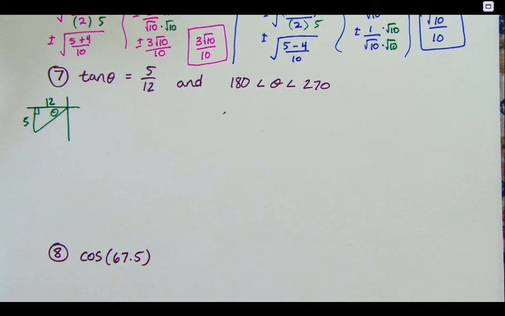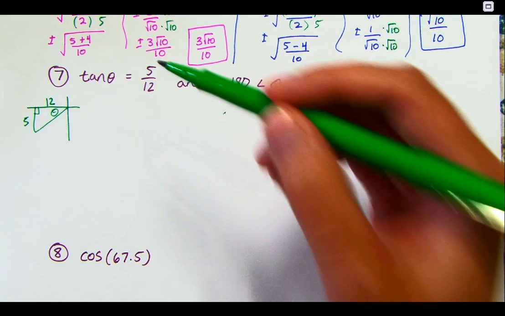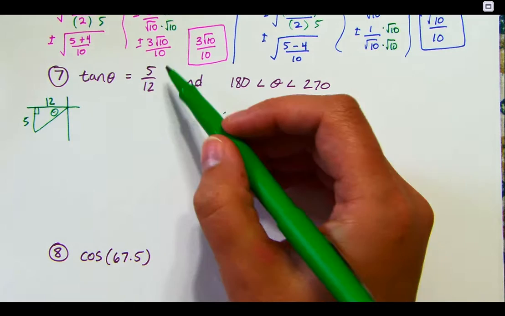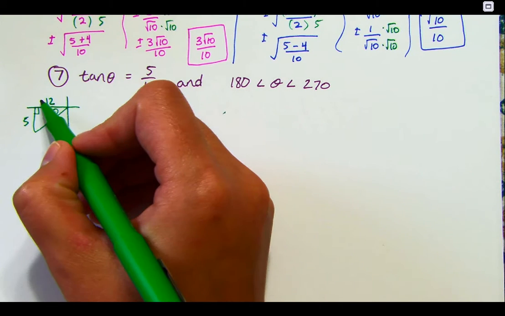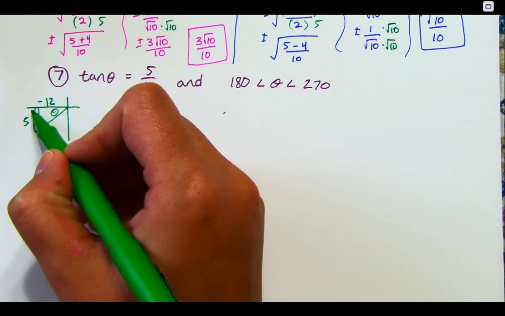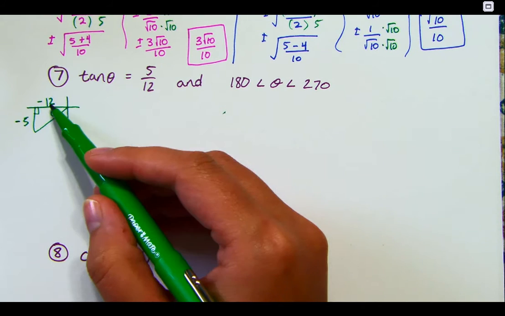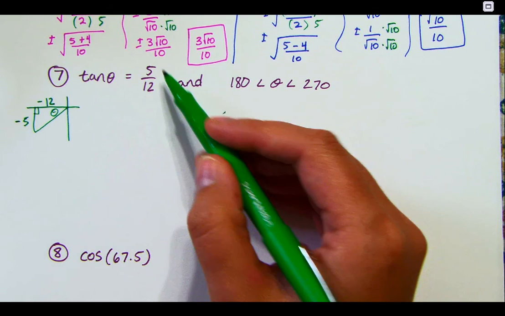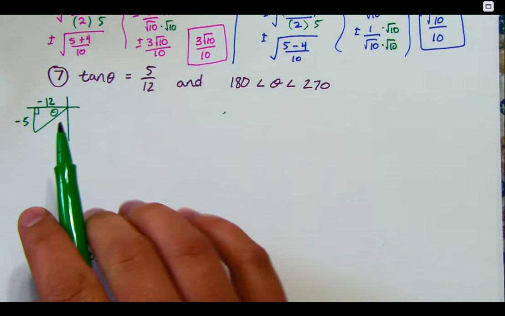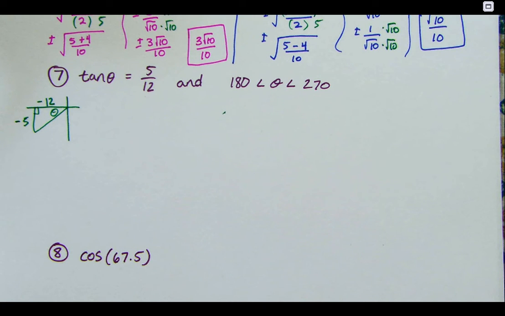Now, we do need to be careful that we're putting the correct signs. So this was a positive, but I went left, so I need to remember to put a negative, and I went down. So when we did find this, that negative divided by a negative made this a positive. Okay? And then now we will need to find that missing side.